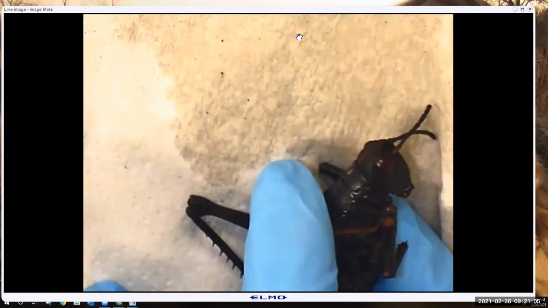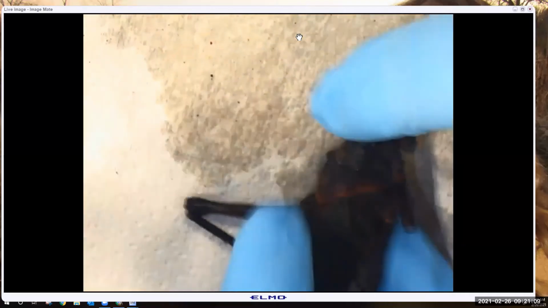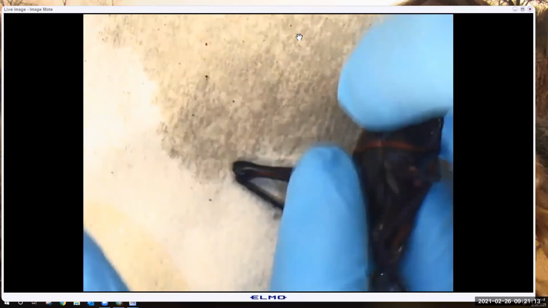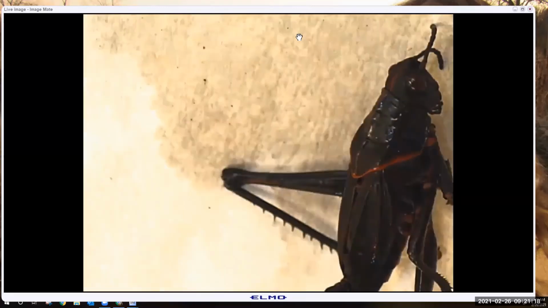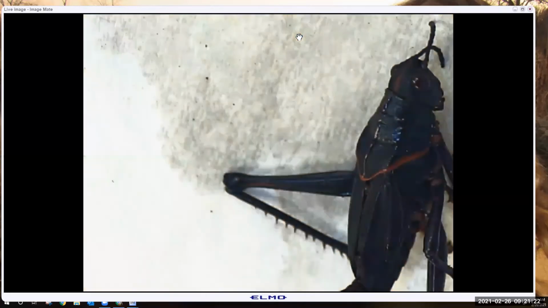So a head is one section of that body. Here's that thorax, and notice that the thorax does allow some movement compared to the abdomen. So head, thorax, abdomen, so 3 sections, 3 body segments there.